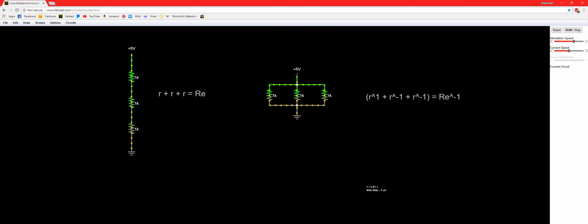So if you wanted to calculate the current, you'd simply put a resistor that's equivalent to all of these combined into one. That is to say, the current coming out of this 5-volt node.